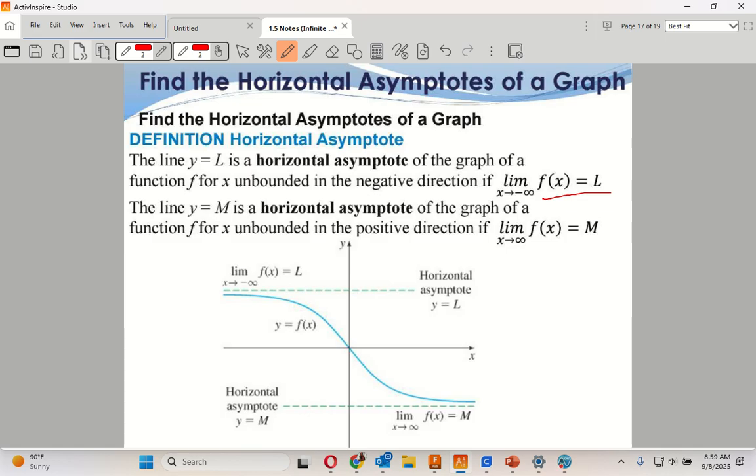And right here, y equals M is a horizontal asymptote of the graph of the function f for x unbounded in the positive direction. So what this really means is this is your maximum and that's your minimum. They're going in different directions. So as it's going this way, my lower would be my M, my upper would be my L.